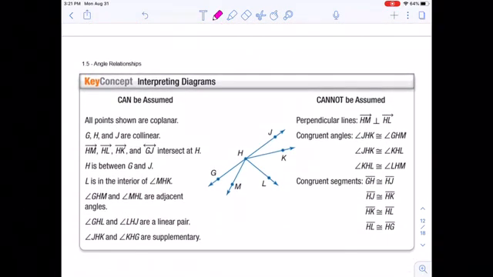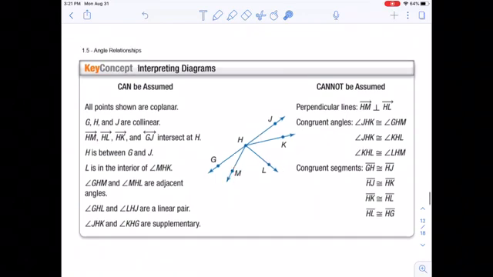All right, so we have some assumptions here. The right side is things that we cannot assume based on our diagram, and the left side is things we can. So we can assume all points are on the same plane, that G, H, and J are collinear on the same line, that our rays and our line intersect at point H. H is between points G and J. L is in the interior of angle MHK.